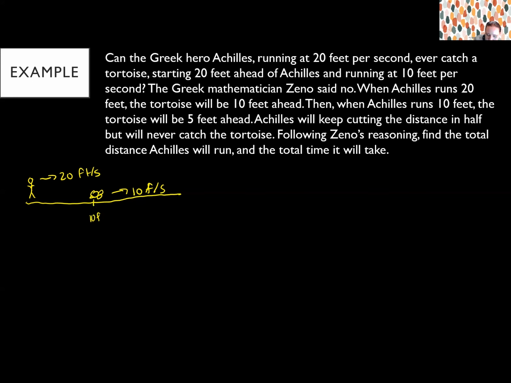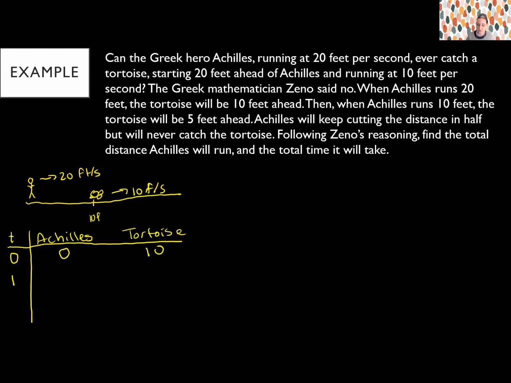And let's just make a table. So let's have Achilles, the tortoise, and then let's put seconds over here, so we'll use the time. At time 0, Achilles has gone 0, but the tortoise is 10 feet ahead. Let's say they've gone 1 second.